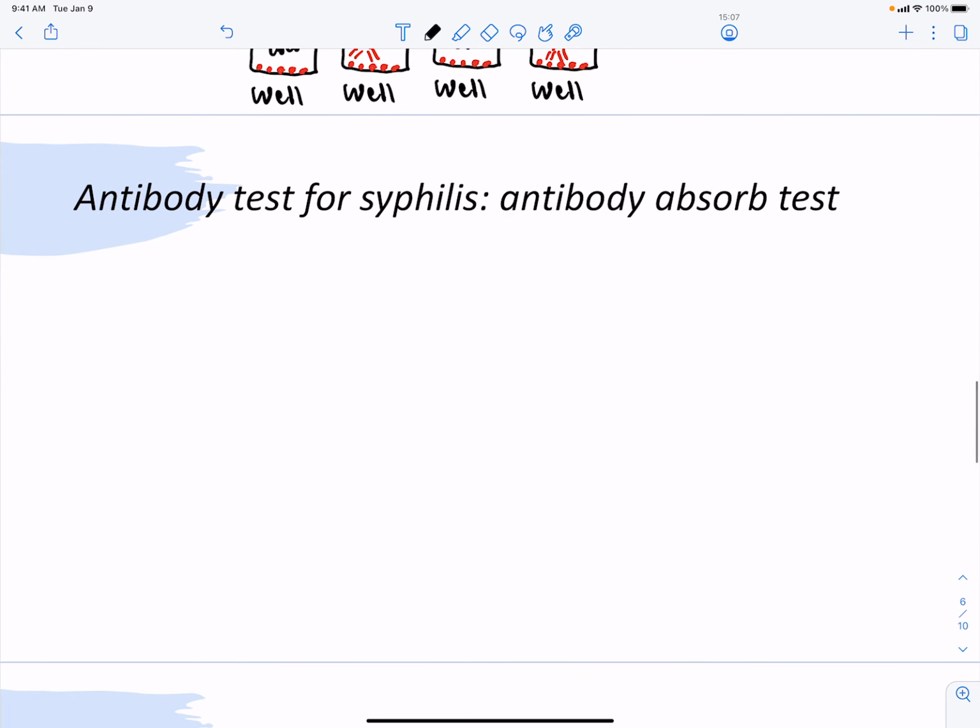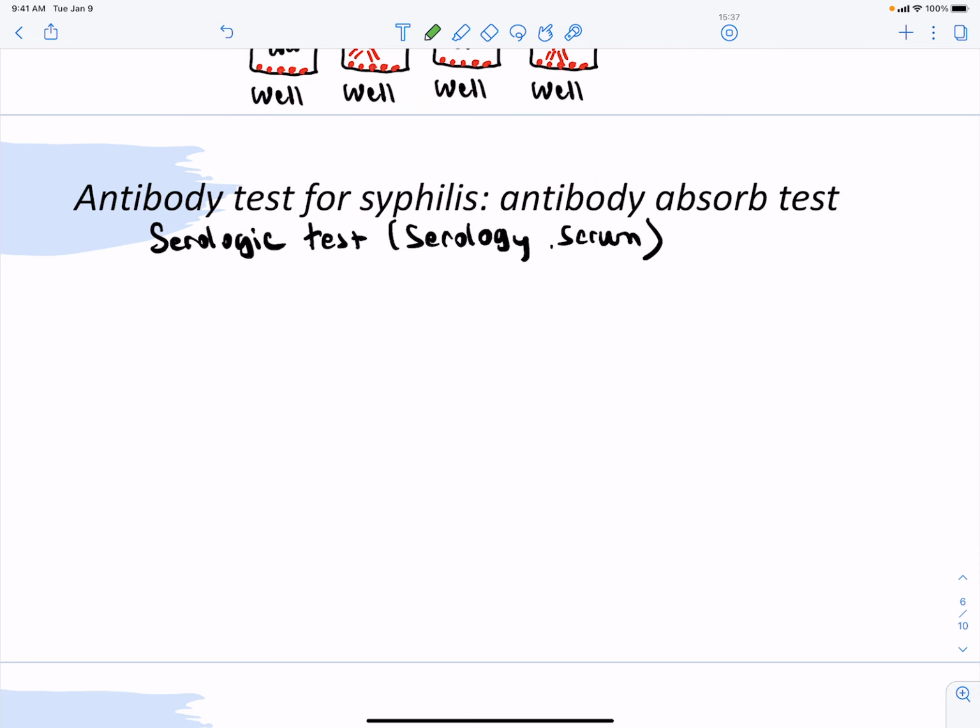Okay, so there are also other tests you can do. There's one particular test that's used for syphilis. It's a serologic test. This is serology, which is serum, and we're looking for antibodies. We have a spirochete, Treponema pallidum, which causes syphilis.